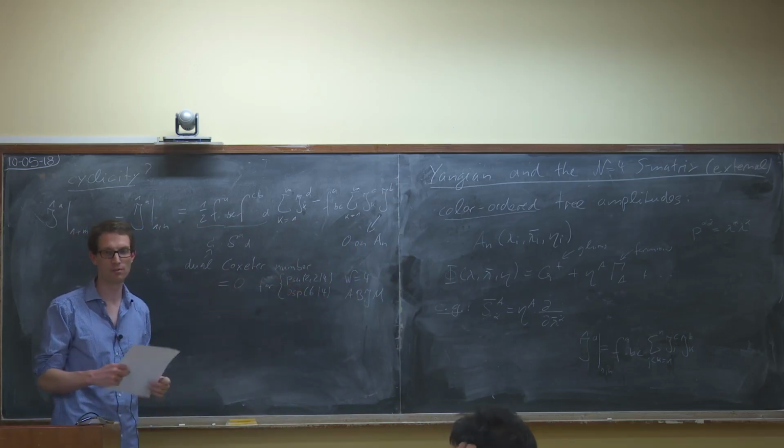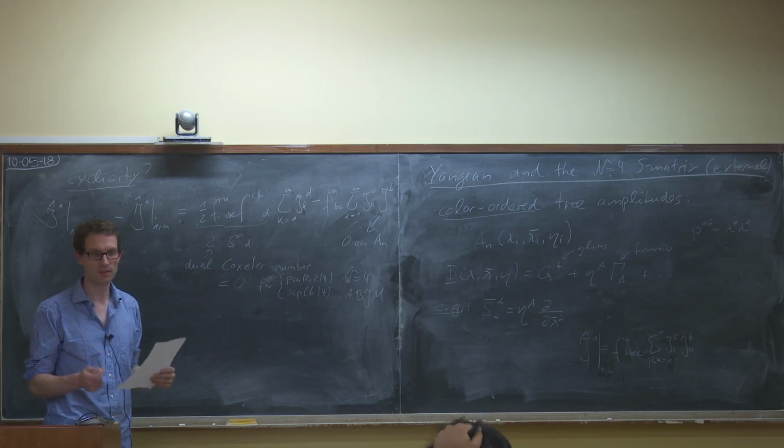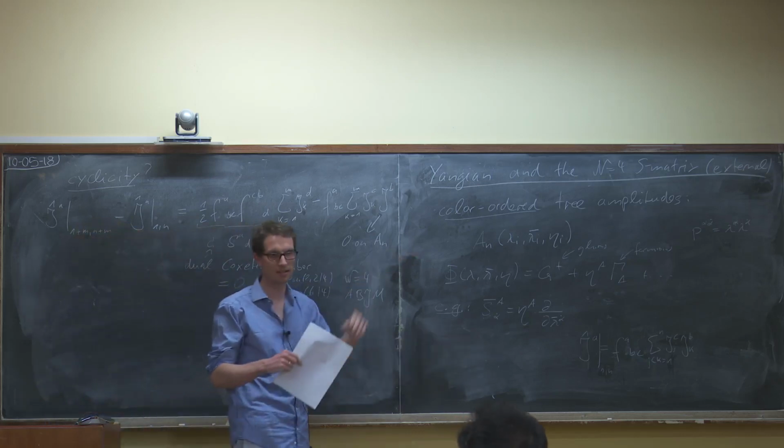And this was also a reason why people said a lot that it can only work for PSU(2,2|4). There cannot be other algebras where you could construct such cyclic amplitudes, for example.